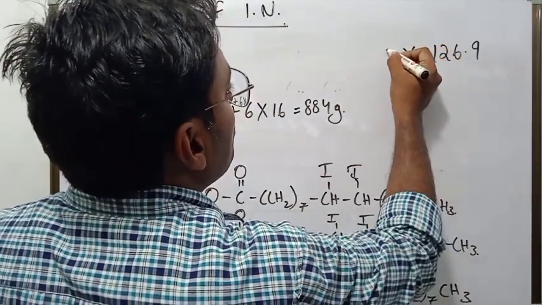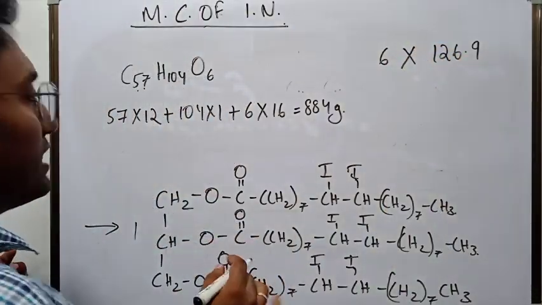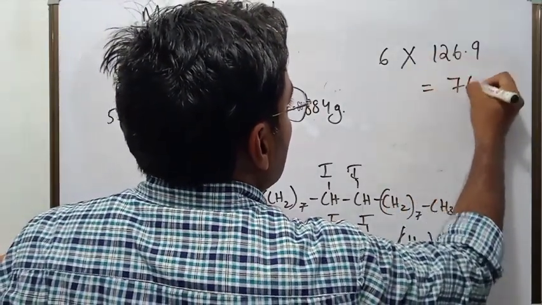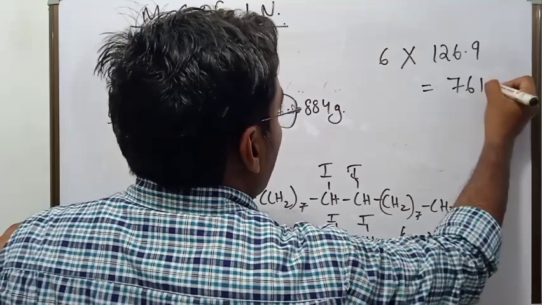We used 6 iodines, and if you multiply it, the result will come 761.4 gram.